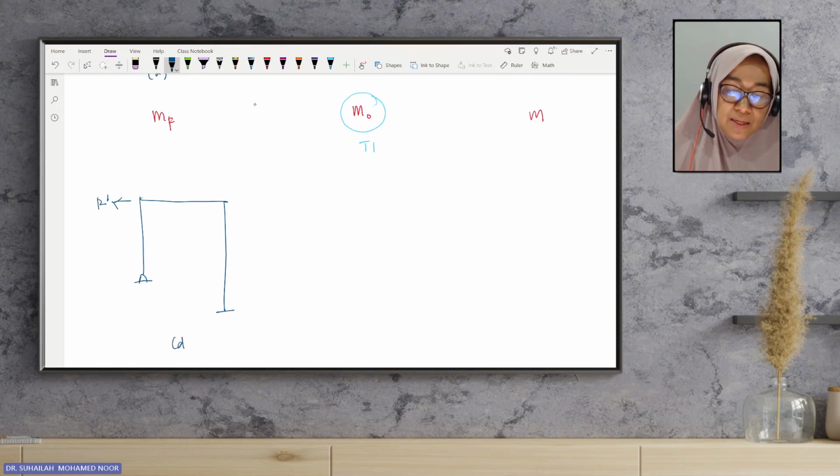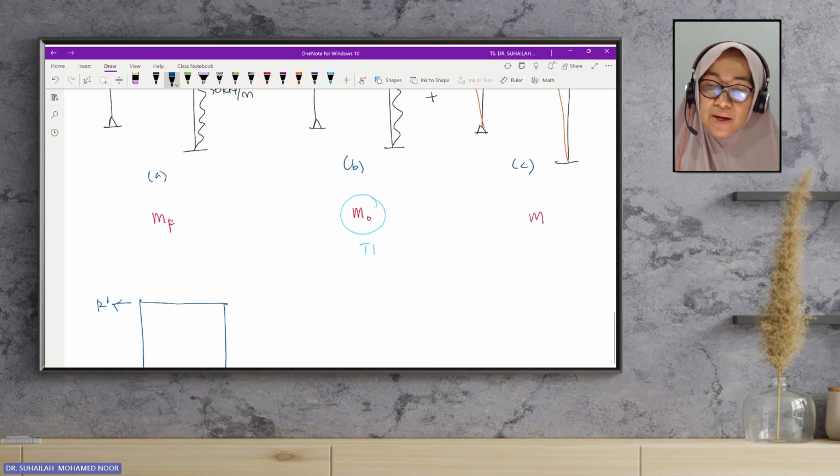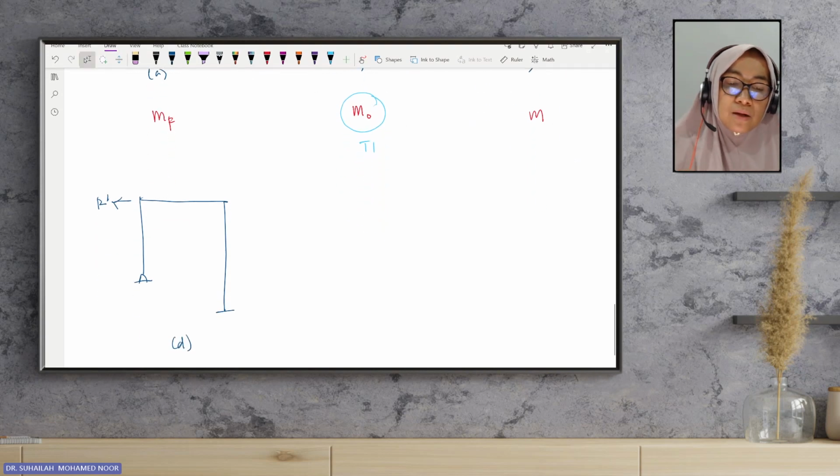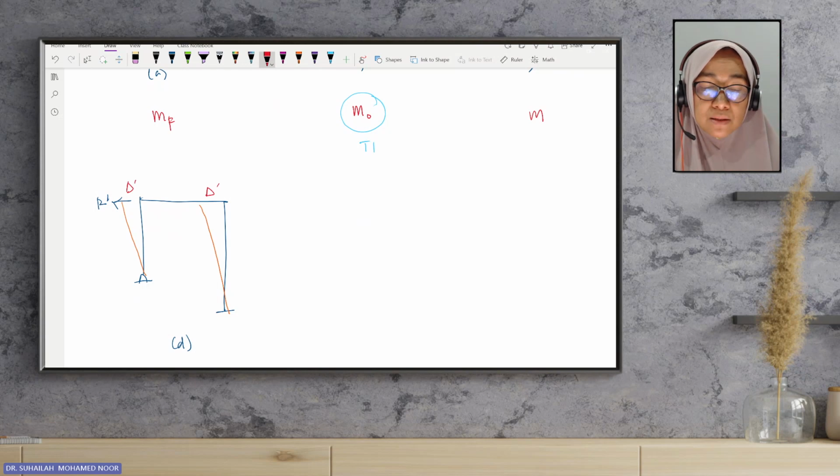So this is diagram D. So the delta we label as delta prime. Both are similar, same value, same distance.